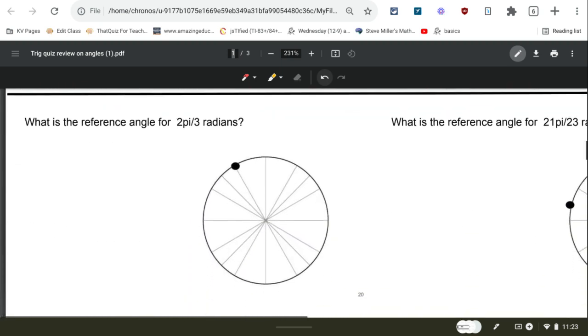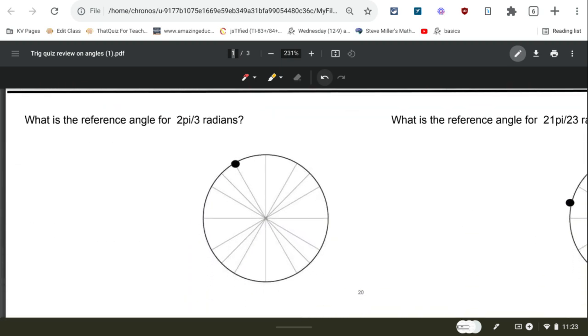All right, what's the reference angle for 2 pi over 3? If you want to convert it into degrees, you could, but they're basically looking for this angle right here. That's what they're looking for. All right, if this is 2 pi over 3, and this is pi, that's a pi over 3 leftover. That's going to be our answer.